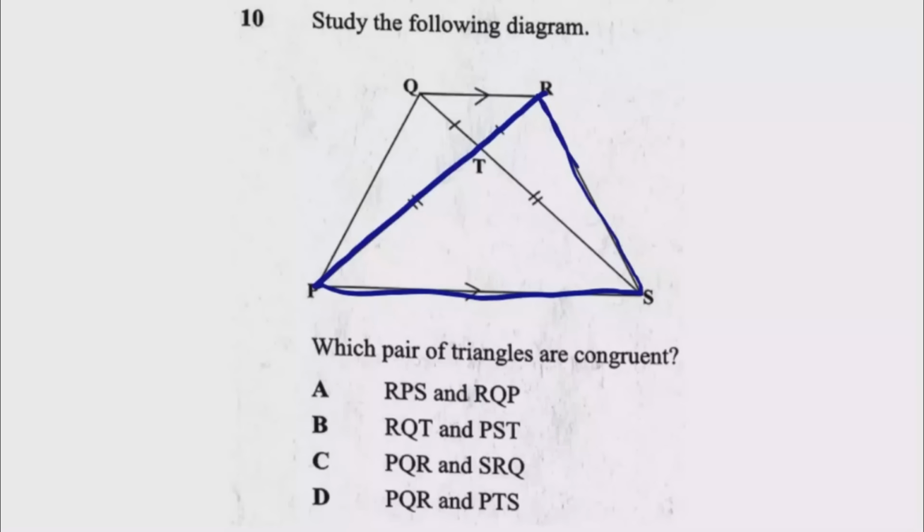Then we identify triangle RQP. So this is triangle RQP. Are they congruent? Okay, let's focus on this line here and the line here. Are they congruent? No, they are not.